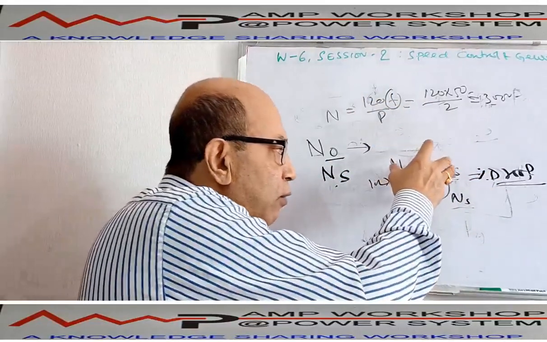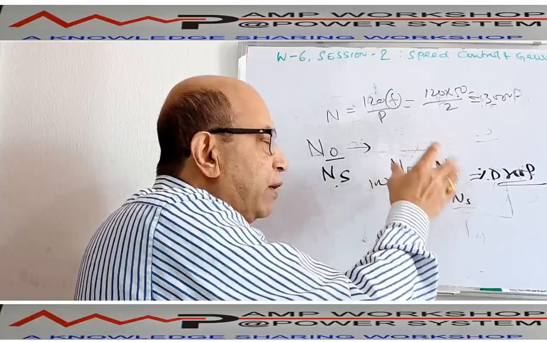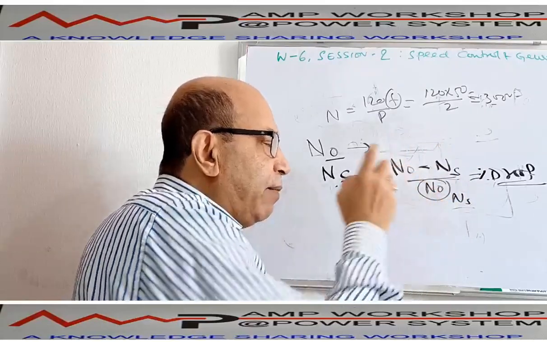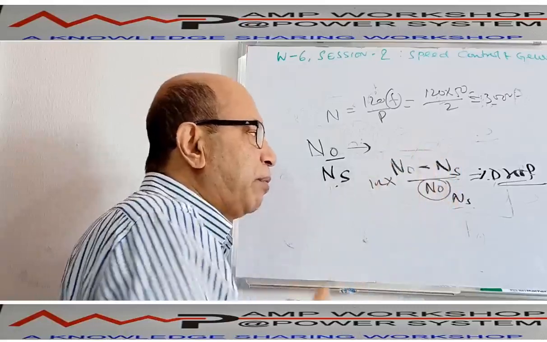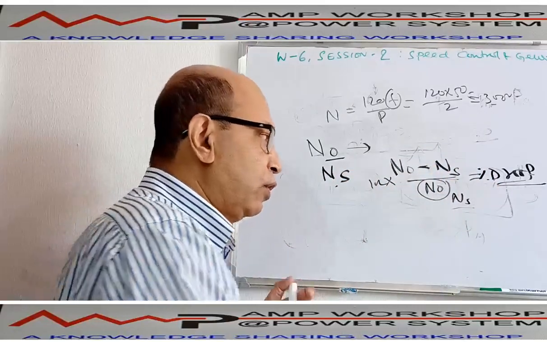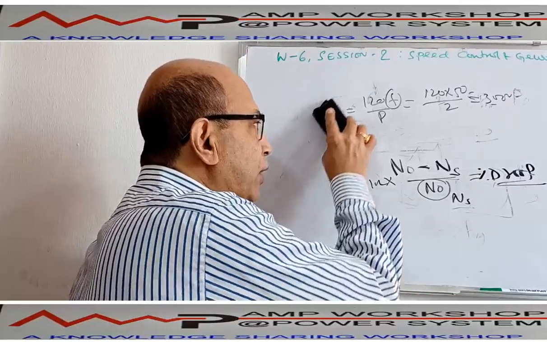So the difference of speed from no load to loading condition, divided by the no load speed or full load speed and multiplied by 100, is the droop. This is one of the definitions we will be using. These are the two important things.